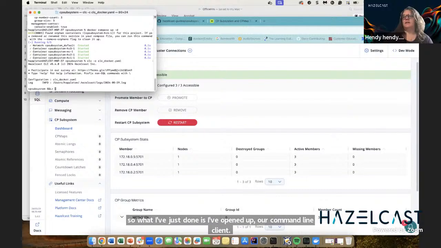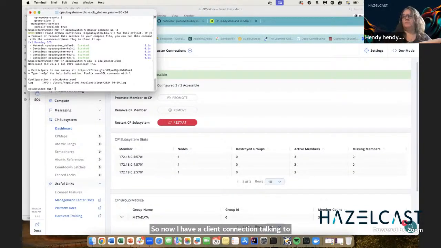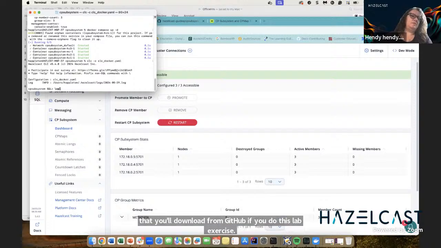So now I have a client connection talking to the CP subsystem. I've just got it pre-configured for the Docker setup that I've got running. And again, this is what I'm working with, that lab environment that you'll download from GitHub if you do this lab exercise. So I can now do CP map.